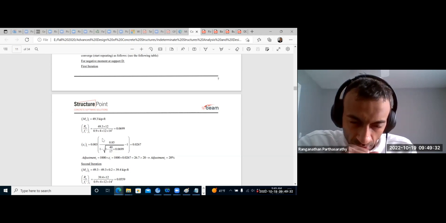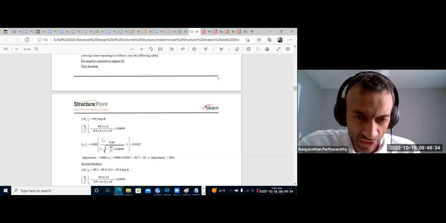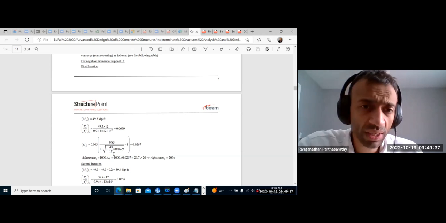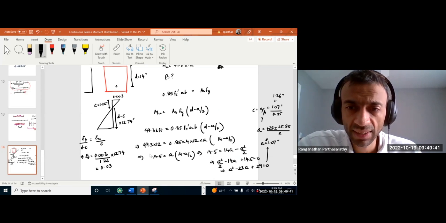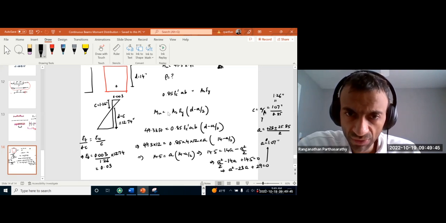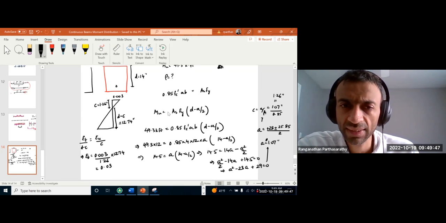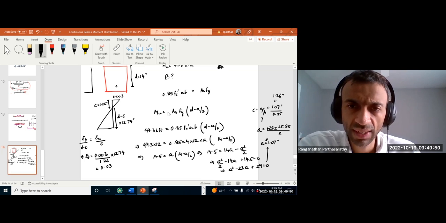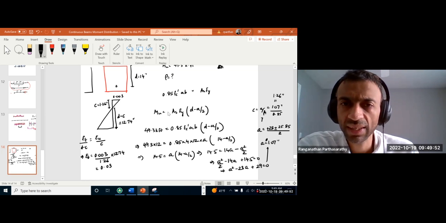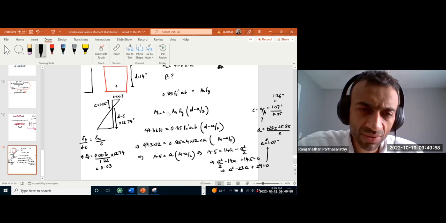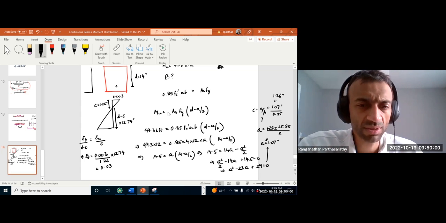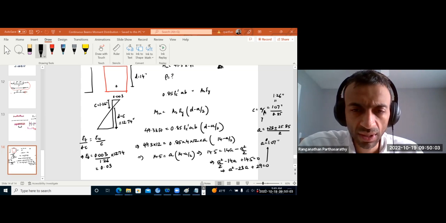Now this is just from our elastic analysis, we need this much steel, some amount of steel As, according to elastic analysis. Now we can calculate As from here, right? We know the small a value, we can get As, but we don't need to provide that much. We can reduce it. How much?